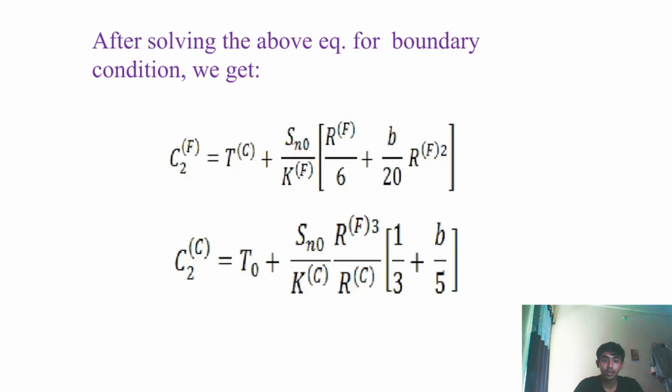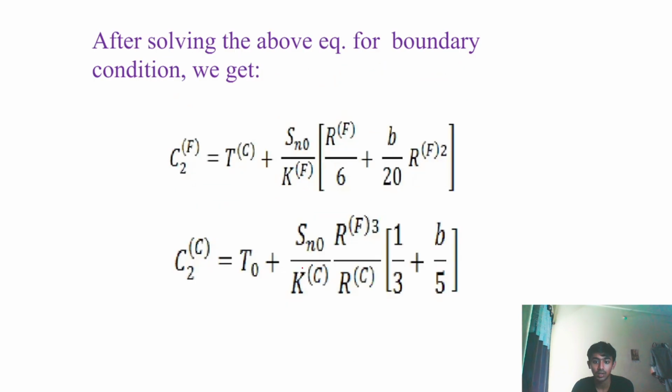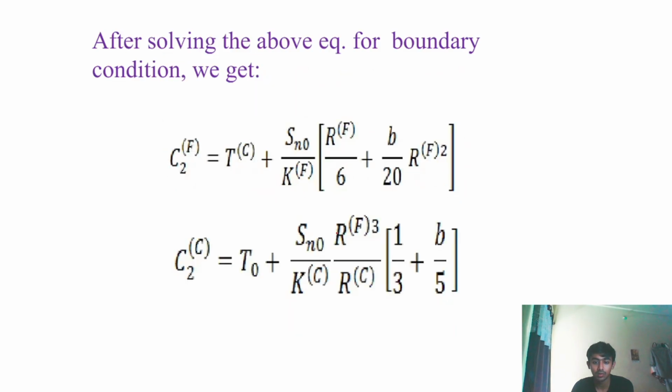So if we put those values, for Rc equals T0, we can take that value from here. We can find that Tc and C2 will be T0 plus Sn naught by Kc Rf, putting that value of Rc, and this will be the value we get for Tc.